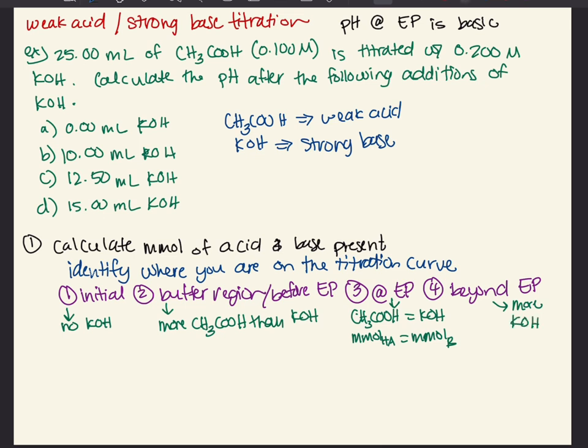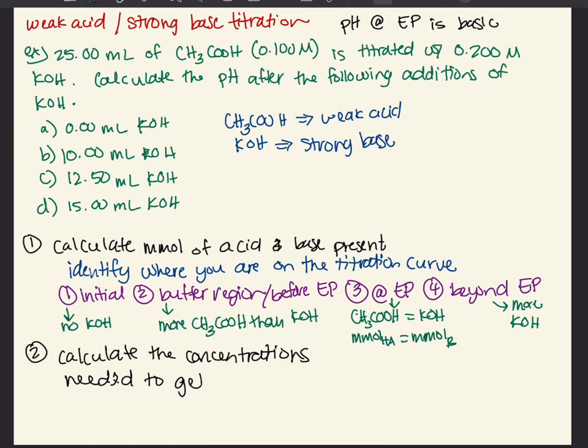Now, the second thing you need to do is calculate the concentrations needed to get the pH. Generally, this is going to either be calculate the concentration of hydronium ion or calculate the concentration of hydroxide.